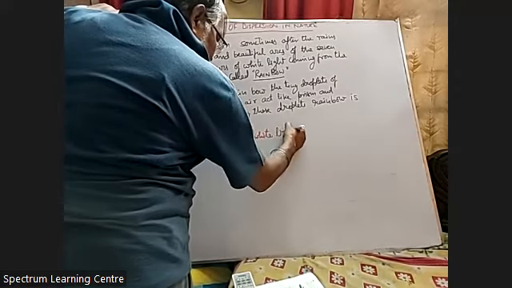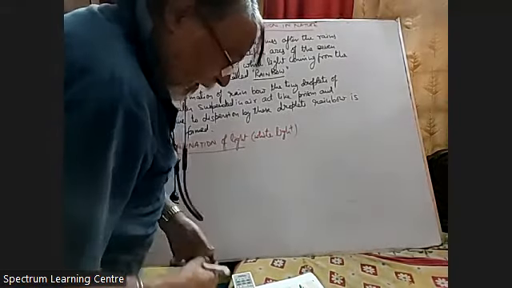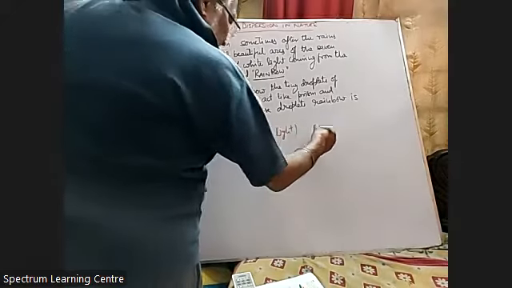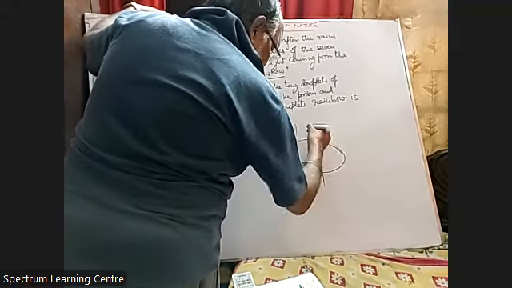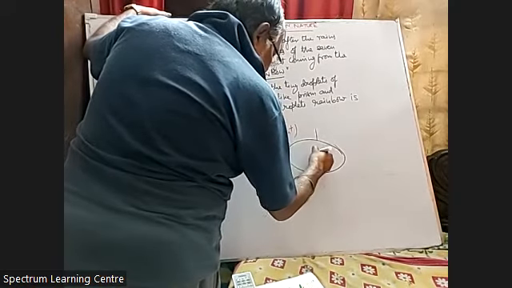This I am not going to draw the diagram. It is given on page number 88. See, this was also performed by Newton. He took a disk and made a hole at the center of the disk.